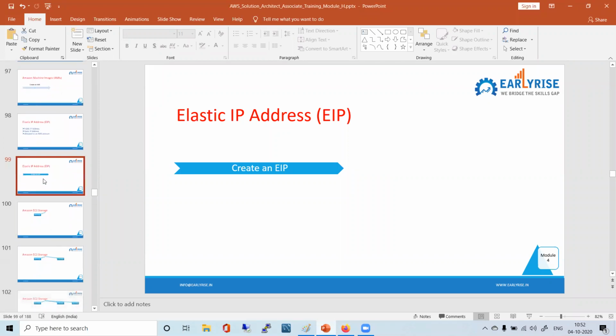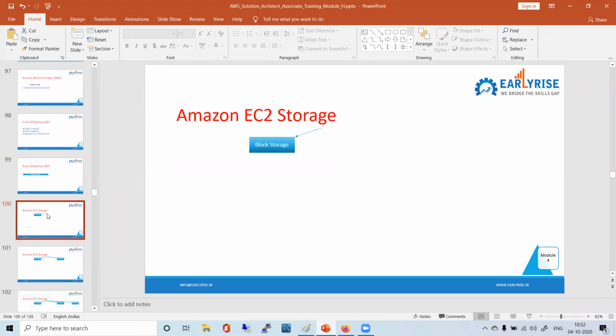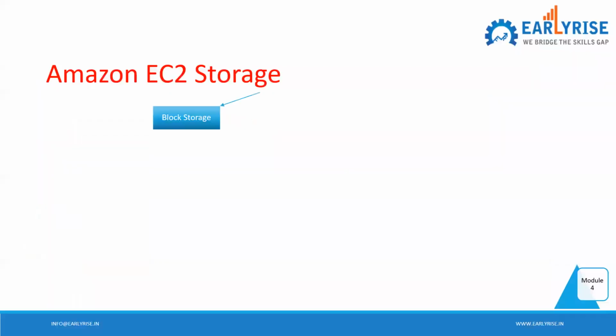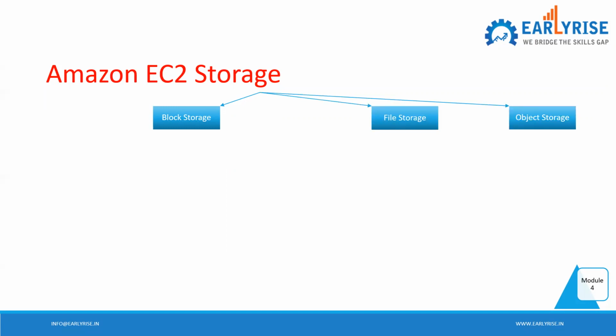And that is just about the EC2 storage concepts one more time. Just tell me what all options we are having for EC2 storage. One thing is block storage, file storage. What else? Object storage, yes.